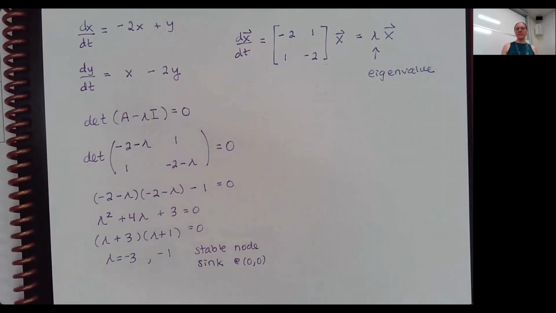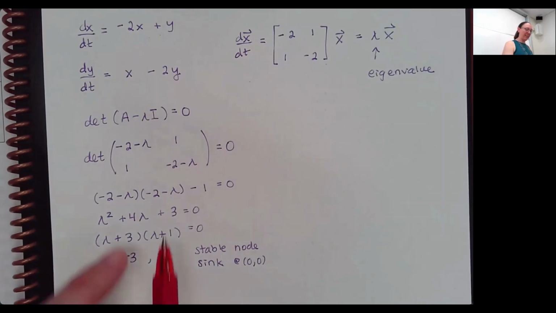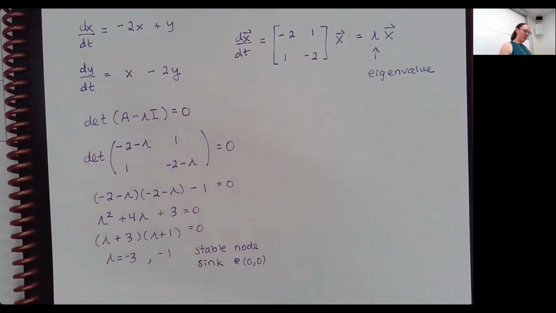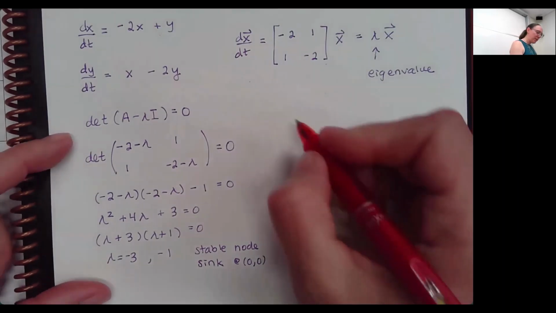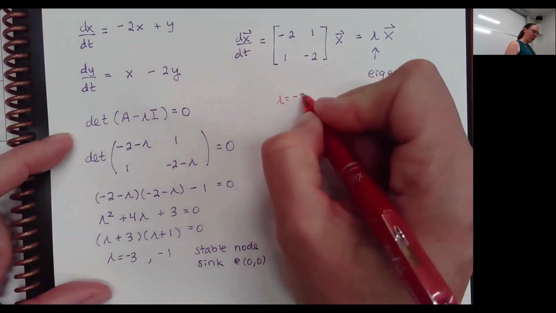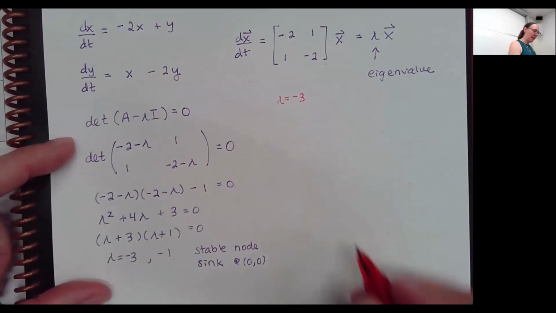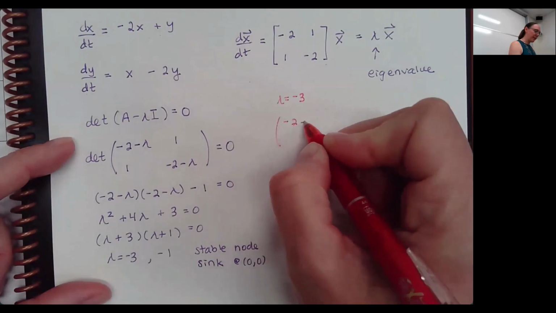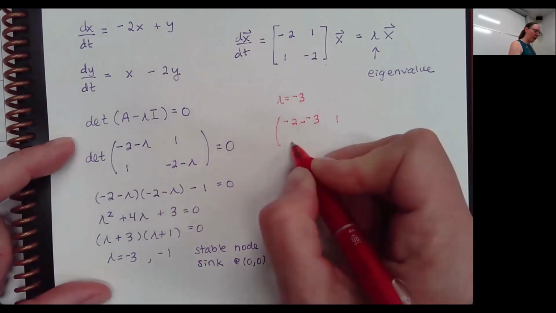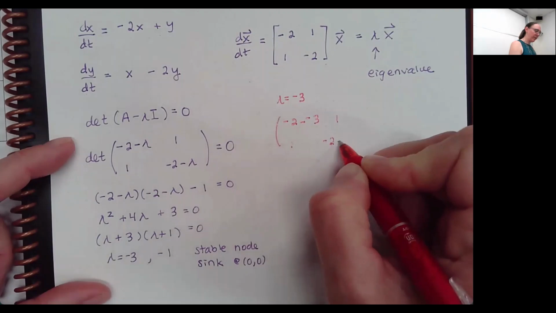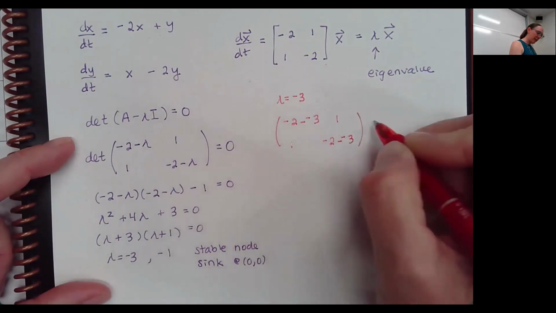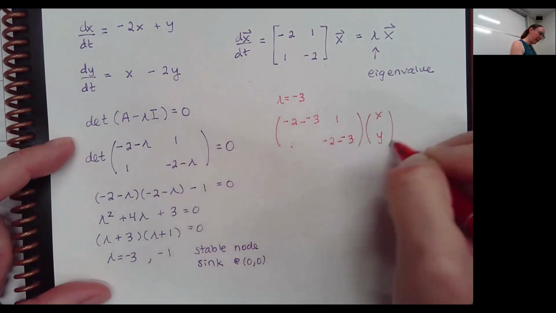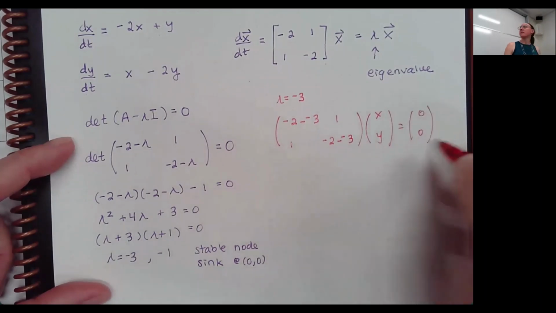A couple of different ways to find the eigenvectors. I'm going to stick with plugging the values back into the matrix equation. So if lambda is equal to -3, then I have [-2 minus -3, 1; 1, -2 minus -3] times my vector x, y has to be equal to 0, 0.